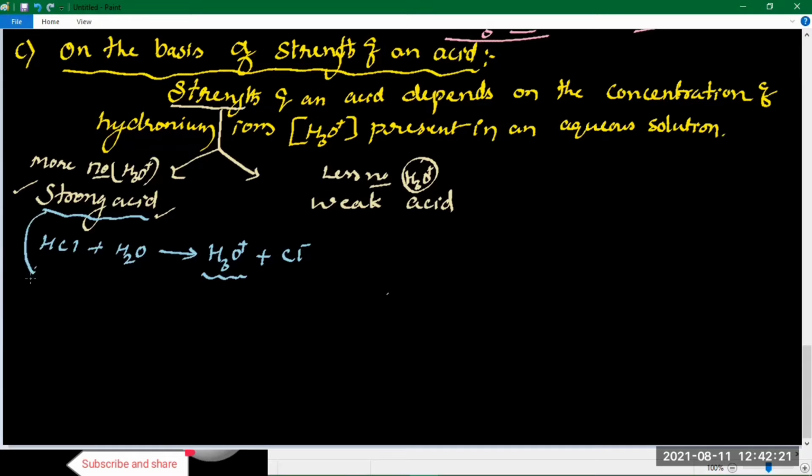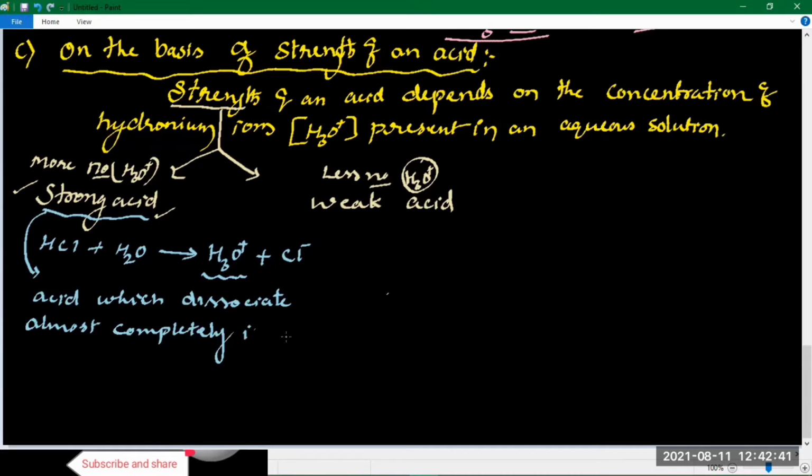So we can define strong acids as acids which dissociate almost completely in aqueous solution. That is what we call a strong acid.